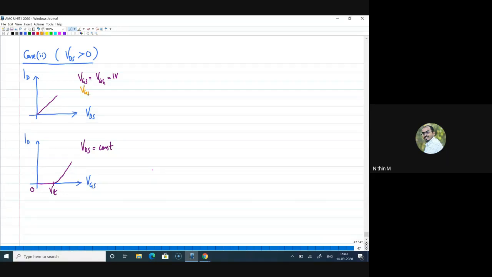So my new VGS is VGS2, equal to 2 volt. Can you tell me how this graph will get affected? For VGS1 I got an ID-VDS graph of this form. Now how will the graph be for this yellow color, VGS2? Steeper, okay. Steeper in the sense, how will I get a little more clarity on that steepness?